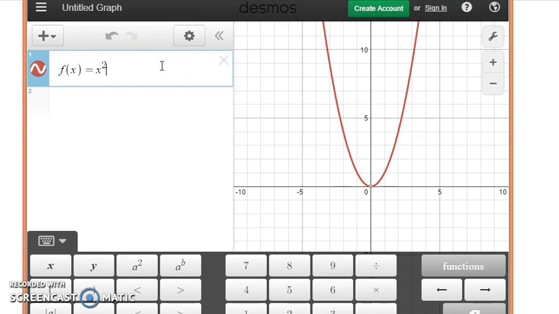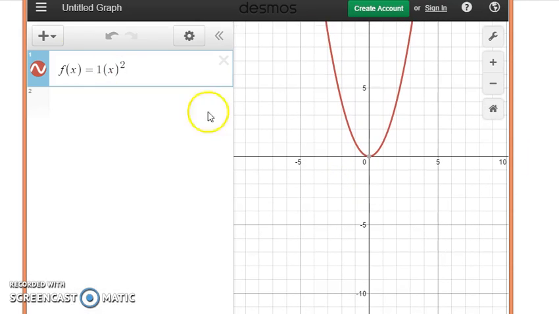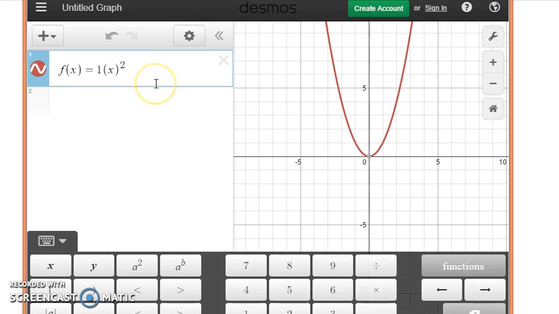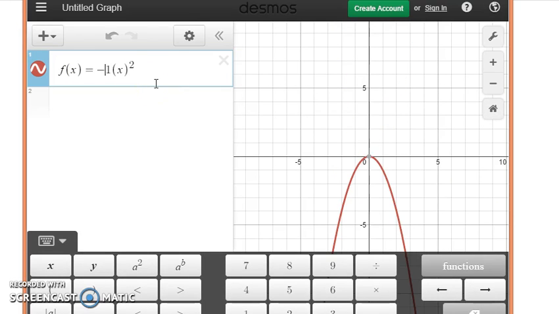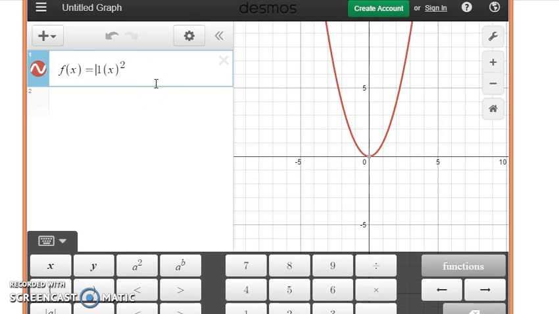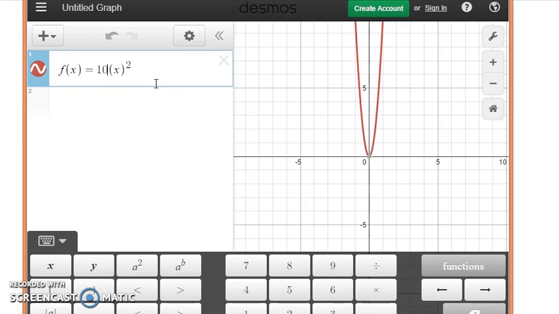We talk about having A, C, and D transformations. A is the number outside the house here. If this A becomes negative, it goes downward. If this A increases in number, the graph becomes more narrow.